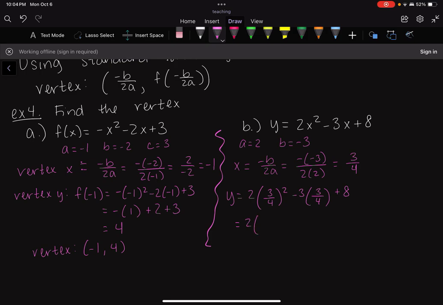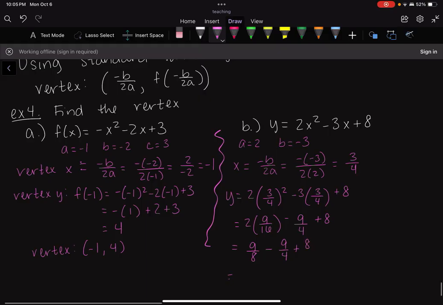So this is 2 times 9 over 16 minus 9 over 4 plus 8. I'm just simplifying here. 2 over 16 can simplify to 9 over 8 here. Minus 9 over 4 plus 8.